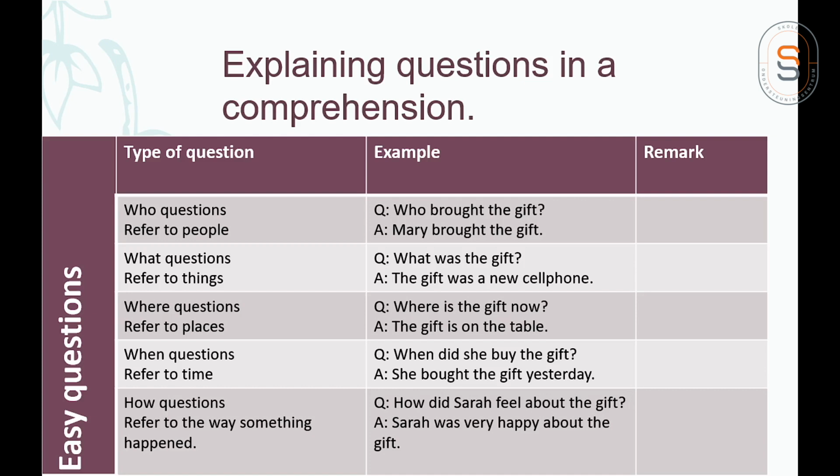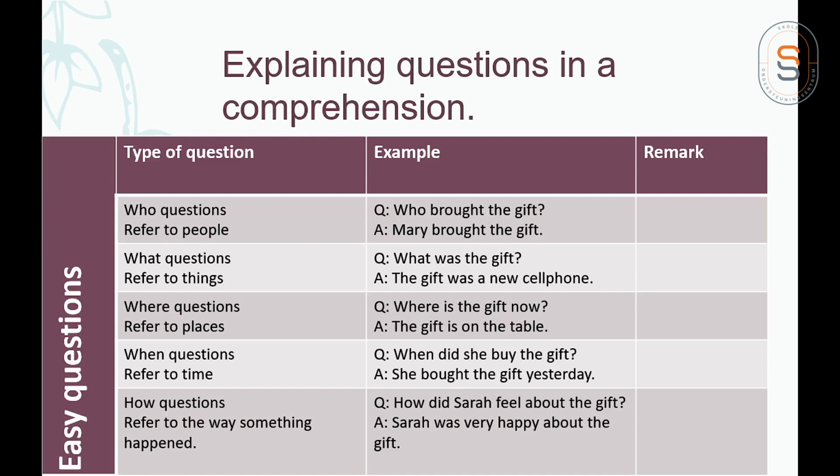Remember, we always answer in our own words in full sentences. Our next keyword is when. Now, when questions refer to time. When did she buy the gift? In a full sentence, she bought the gift yesterday. Not only yesterday, she bought the gift yesterday. Full sentence. And then the last keyword in this section is how.